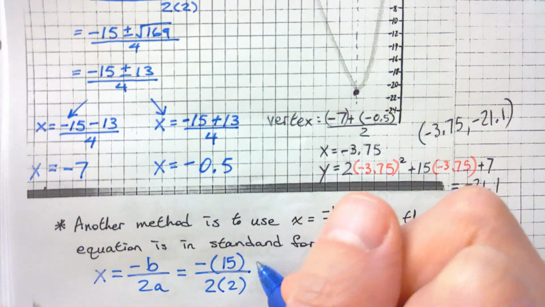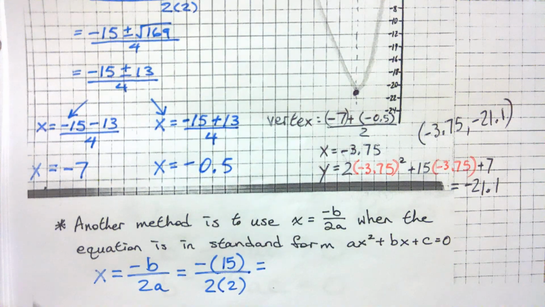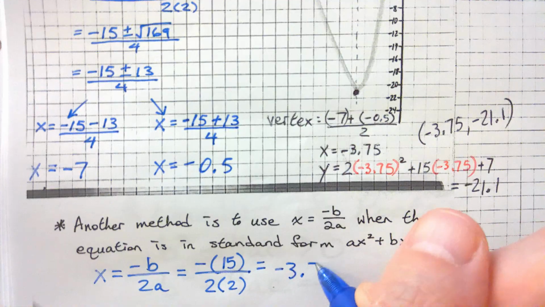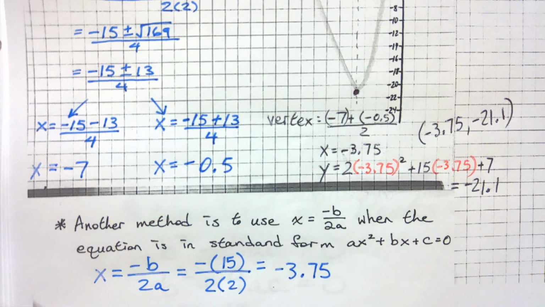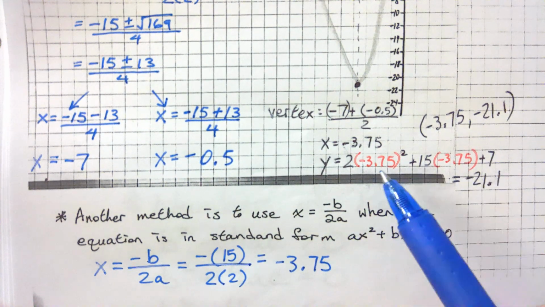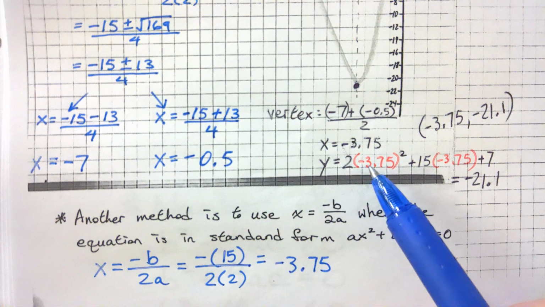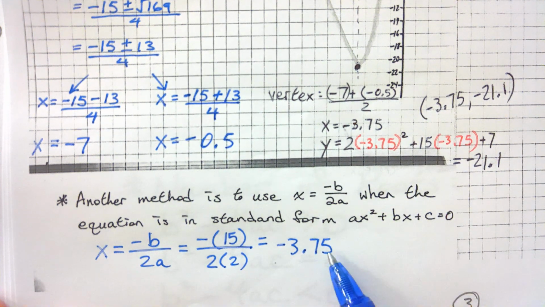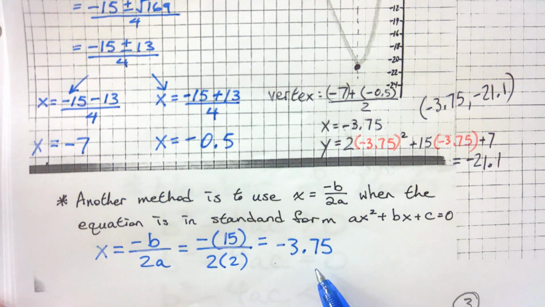So when you do this, negative 15 divided by 4, you get negative 3.75. So other than getting the average of the two x-intercepts, you can also use this to figure out the x value of your vertex. Okay, so this is a little shortcut.